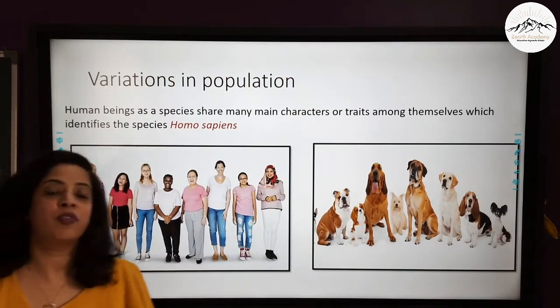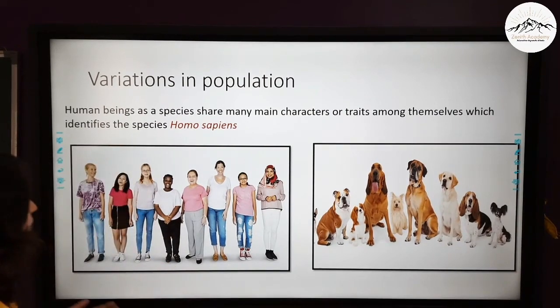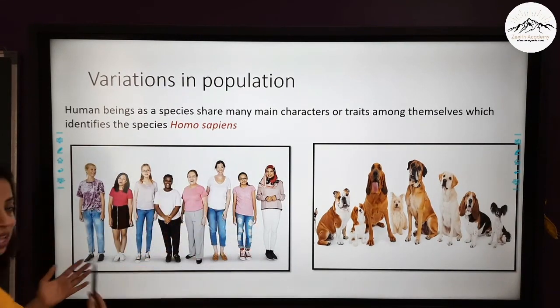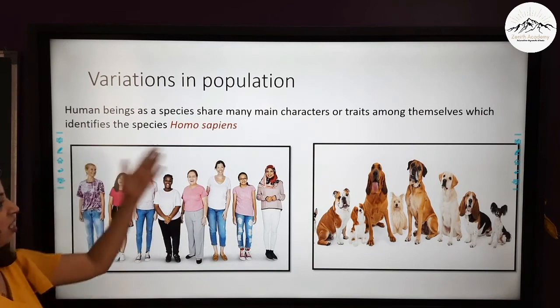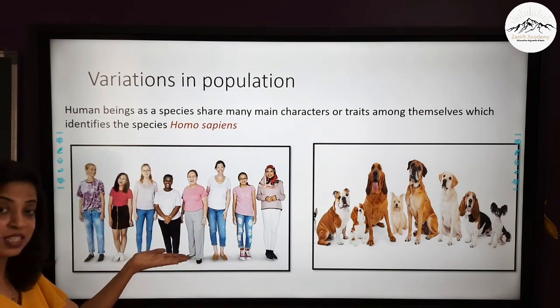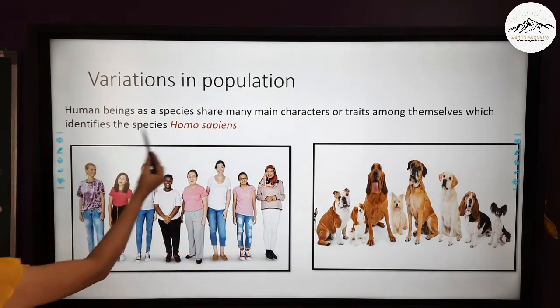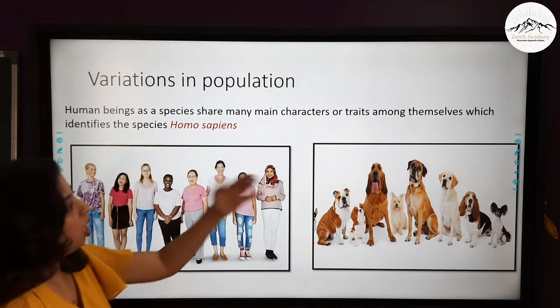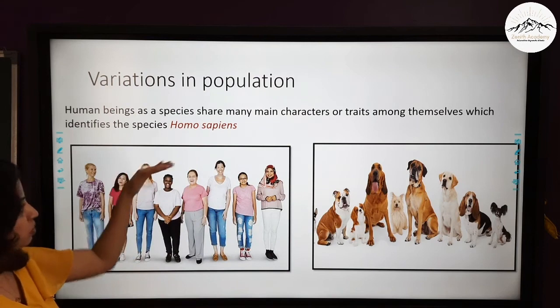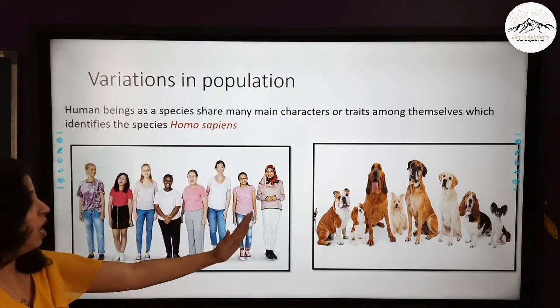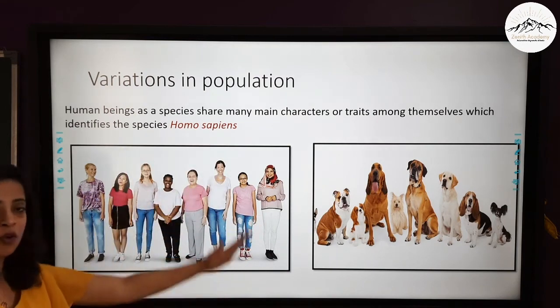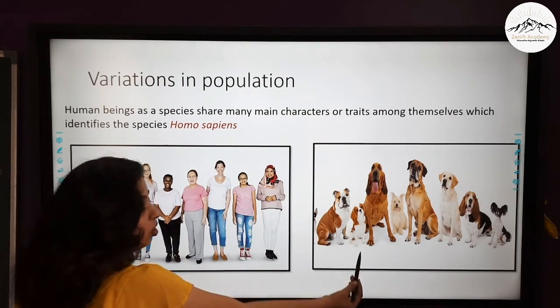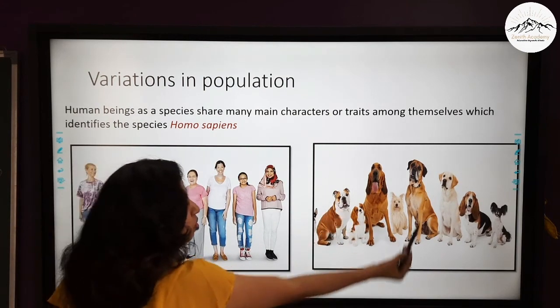Now we will talk about variation in populations. So here you can identify them as women, you can identify them as Homo sapiens, that is human beings. So human beings as a species share many main characters or traits among themselves which identify the species Homo sapiens. So we can identify that this is the species of Homo sapiens and this is the species of dogs.